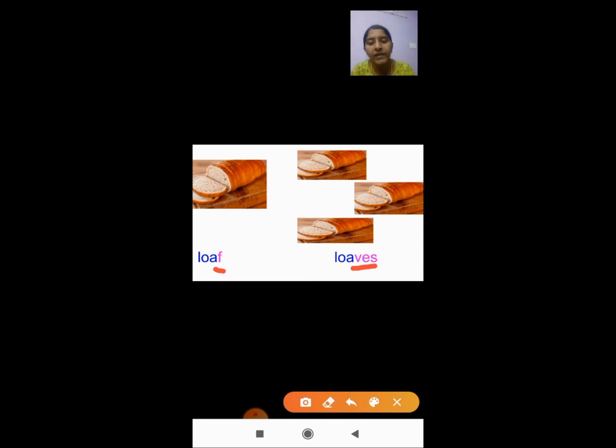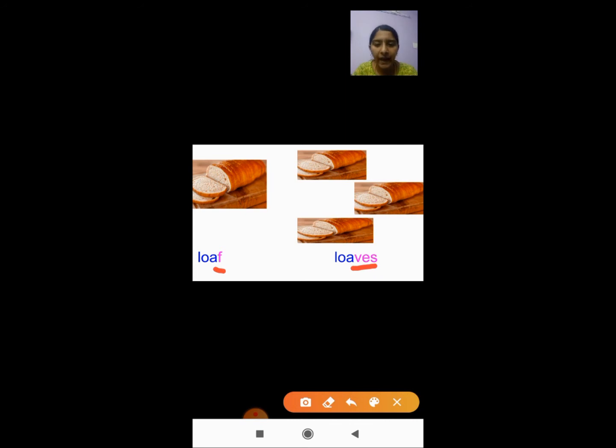So loaf, loaves. When you see the F at the last, we have to remove the F and add VES. Whenever you are writing singular or plural, when you see F at the last on the singular side, we are going to remove the F and add VES.